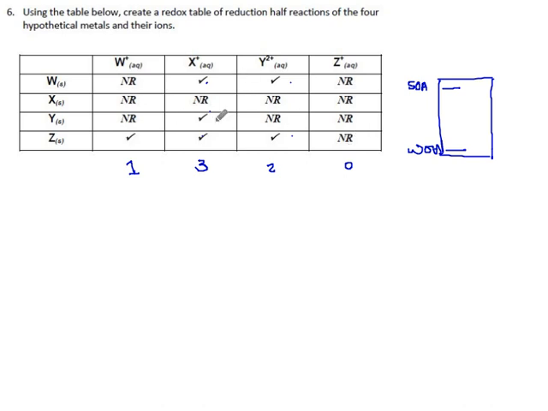So on the basis of that, the highest reactivity would be X. That means the highest ion on my list should be X. The next one in line is the one that reacted with 2 things, ion Y, followed by ion W because it reacted with a single thing, and finally ion Z that couldn't make anything happen. So there's the ions in order from the strongest oxidizer to the strongest reducer.